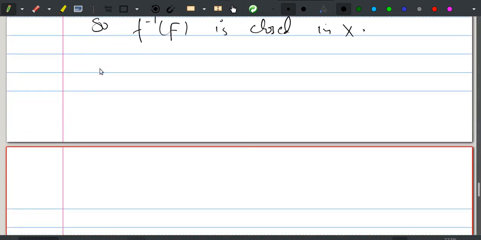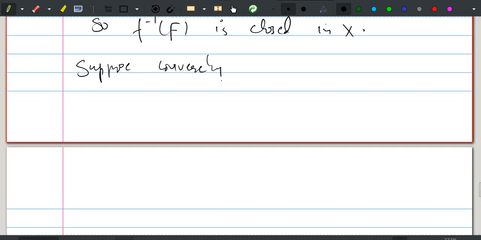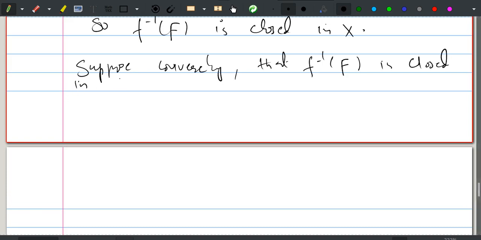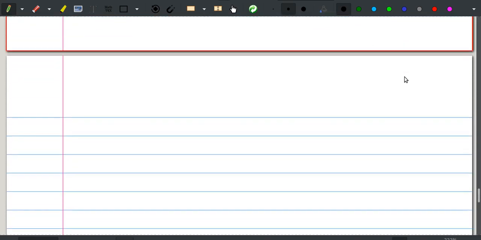Suppose conversely that the inverse image under f of F, where F is a closed subset of Y, is closed in X. This is true for all closed subsets F of Y. So if this is closed in X, its complement is open.